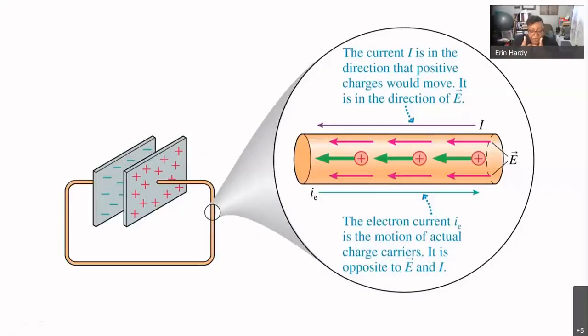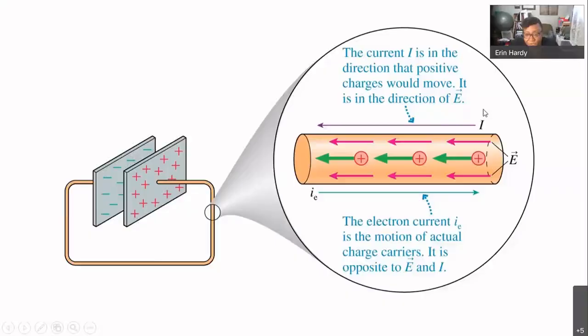So treating the positives as if they're the ones that are moving saves us from potentially making a directional error, missing a negative sign that would let us perhaps inaccurately determine the magnitude of current in a more complex circuit, something that has maybe two light bulbs or more than one resistance element.